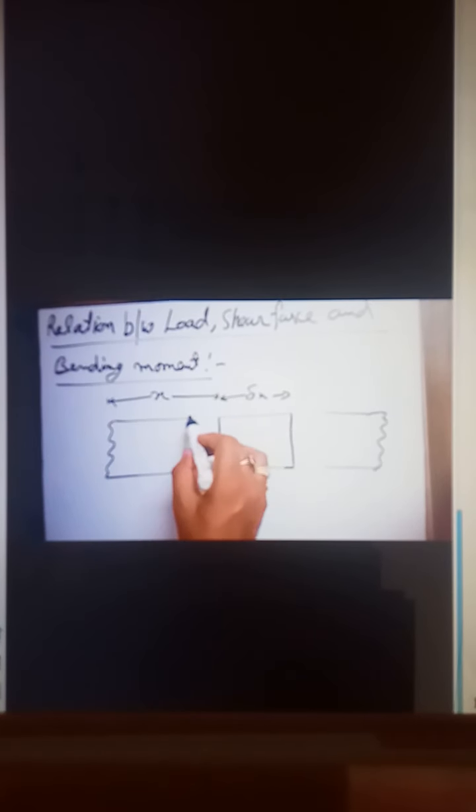We are considering this small length delta x from the origin. Let's say the origin is here, it is O, and this is the centroidal axis of the beam. Here we may consider it as a symmetric kind of beam.